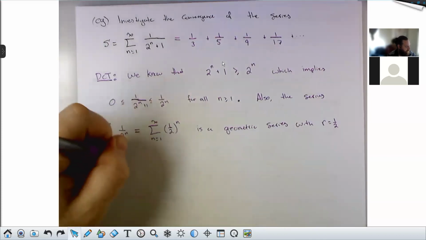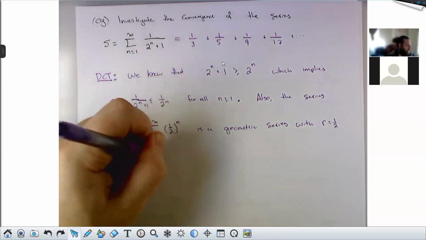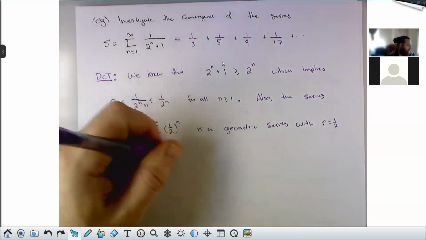So the absolute value of r is the absolute value of 1/2, which is 1/2, less than 1.